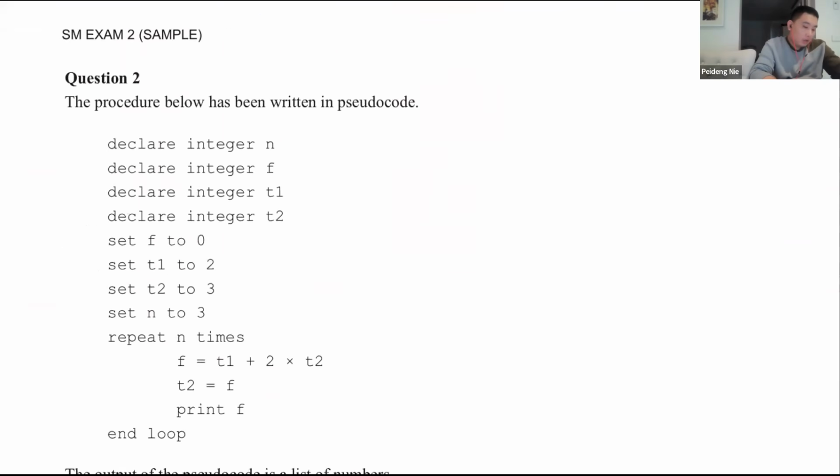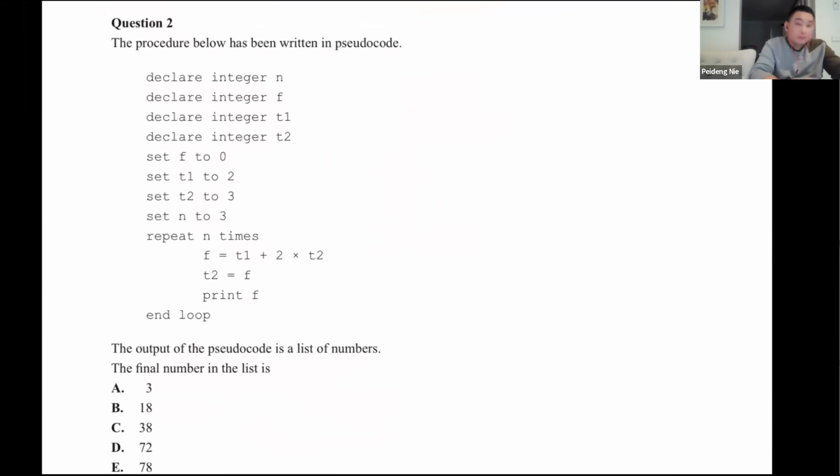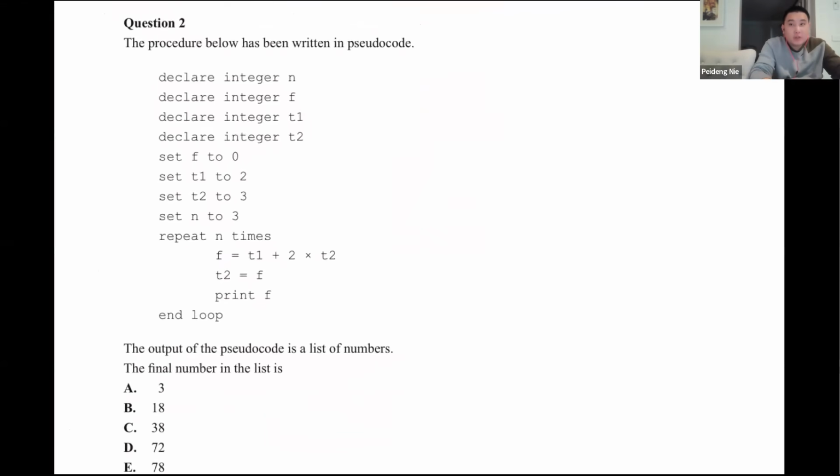Right, next question. We have a pseudocode here, which is the new stuff for Specialist Maths. The procedure below has been written in pseudocode. We have some integer n, and integers f, t1 and t2 representing the first and second terms. Firstly, f is 0, t1 is set to 2, t2 is set to 3, and n is set to 3.